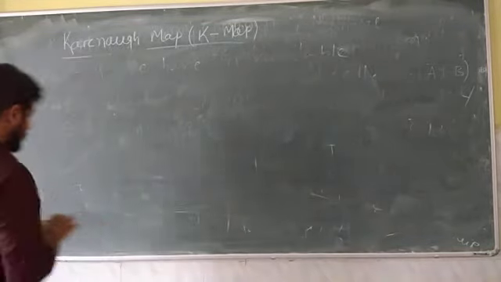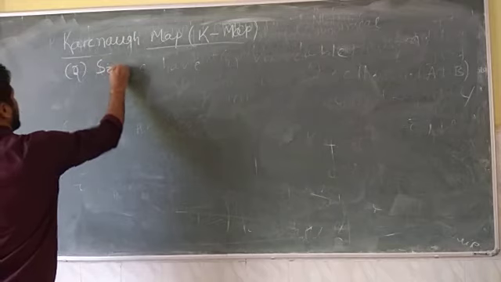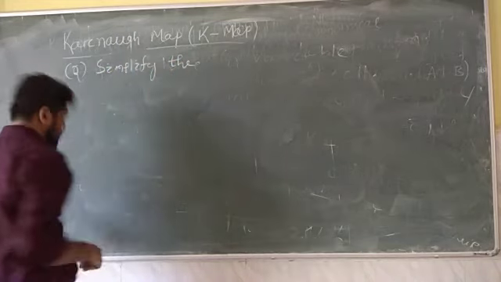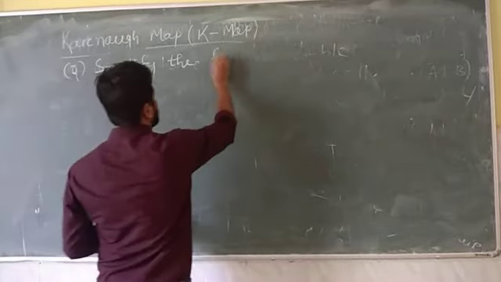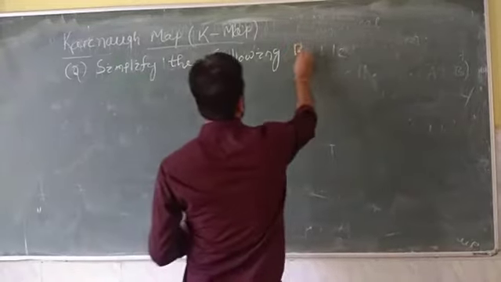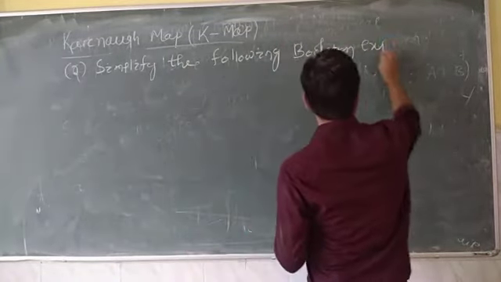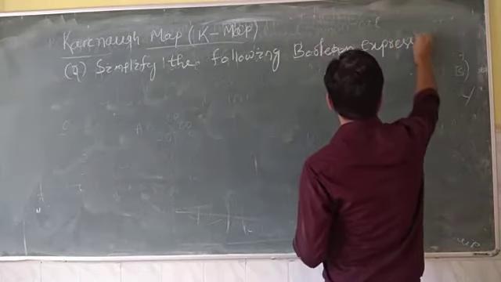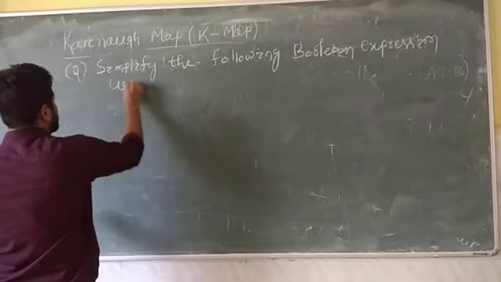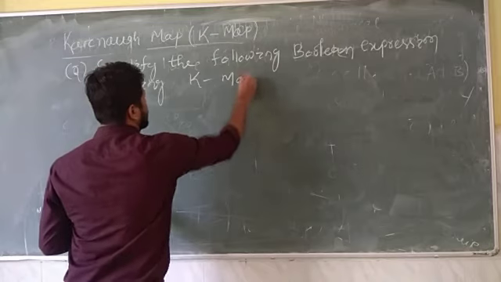So the question is, simplify the following Boolean expression using K map.